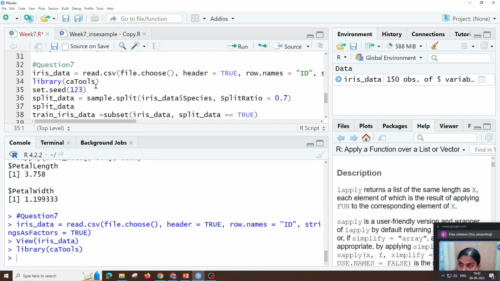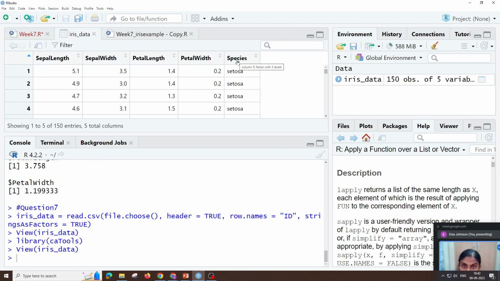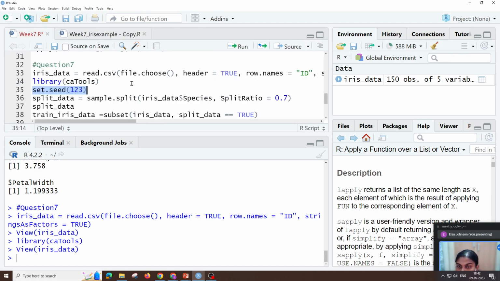Just wait a moment. Here you can see I am setting the seed. When we read the data, the species are taken as factors, which means they are taken as categories. Otherwise, if you don't give that statement, it will be read as characters.